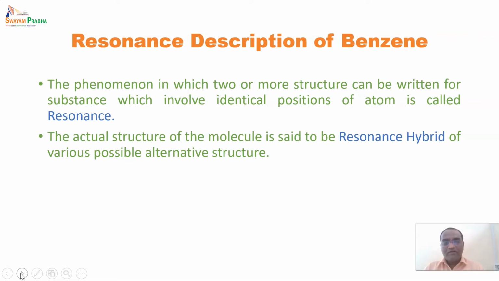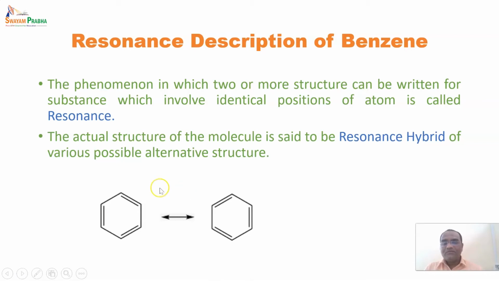In the case of benzene, we can find two resonating structures and one resonance hybrid of it. This is one structure of benzene, and it is indicated by a two-sided arrow when written as resonating structures.